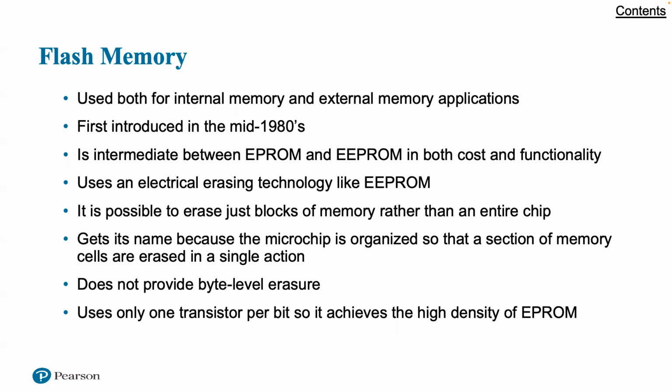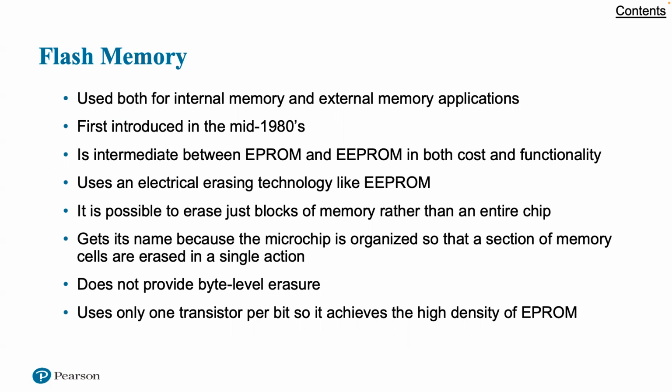It was first introduced in the mid-1980s. Flash memory is intermediate between EPROM and EEPROM in both cost and functionality. Flash memory uses an electrical erasing technology. An entire flash memory can be erased in one or a few seconds, which is much faster than EPROM. In addition, it is possible to erase just blocks of memory rather than an entire chip.